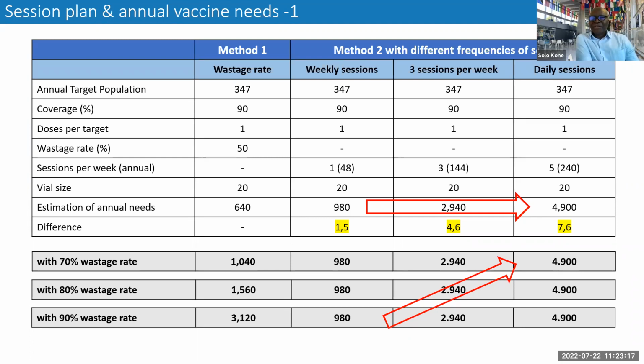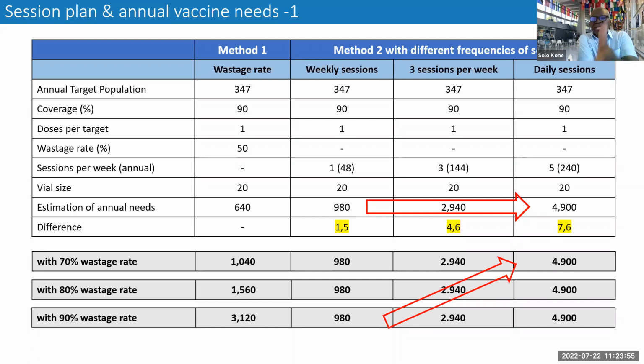Over the past years, people have generally just applied a 50% wastage for BCG, and sometimes they even said it was the WHO standard. It's not a WHO standard, yet 50% is systematically used. If you apply that method, the estimated annual need will be 640 doses. Now, if we take the new approach based on session planning, we have put here three scenarios.